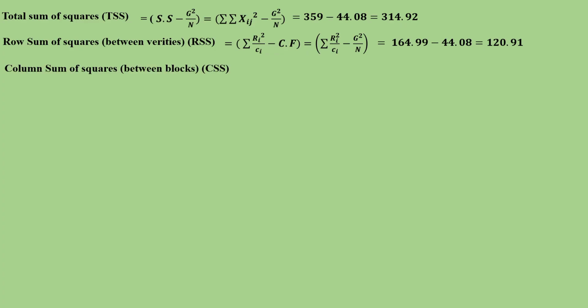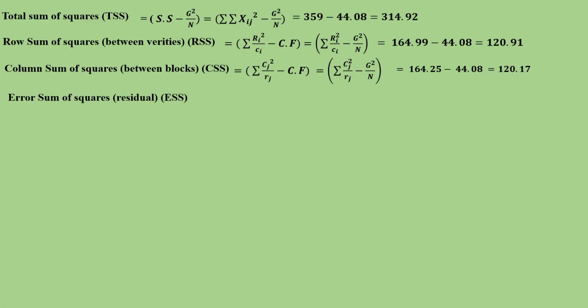Next, column sum of squares, between the machines, CSS: summation Cj square by Rj minus CF, 164.25 minus 44.08, 120.17. Next, error sum of squares or residual, TSS minus CSS plus RSS, that is 314.92 minus 241.08, 73.84.